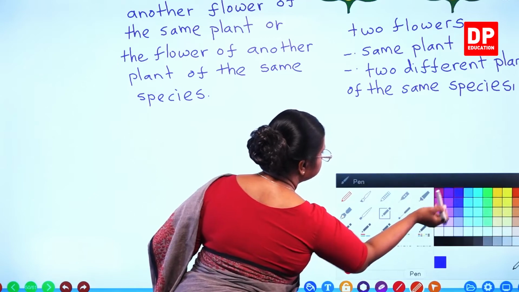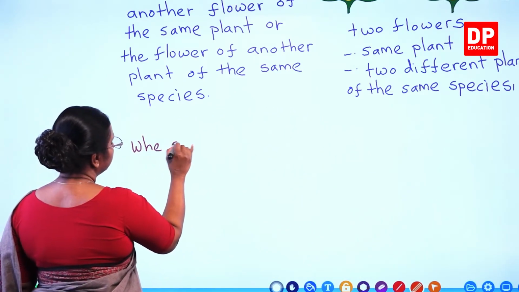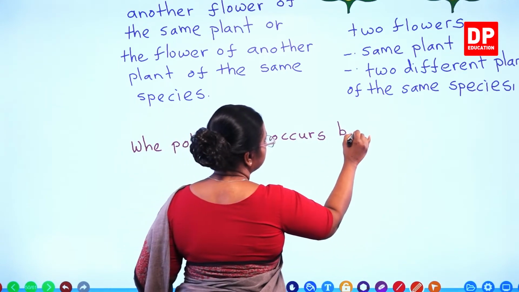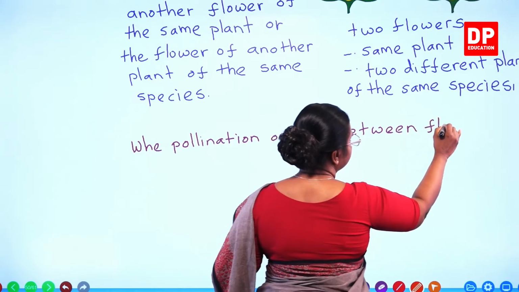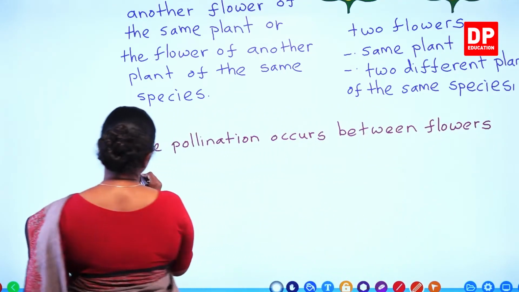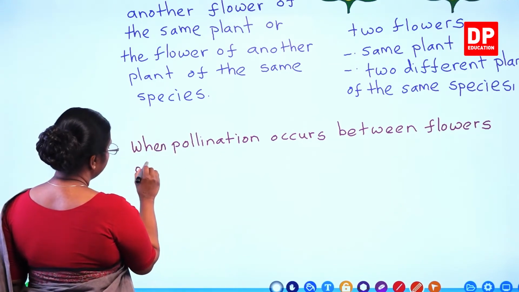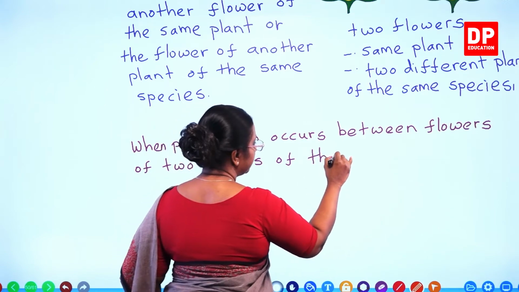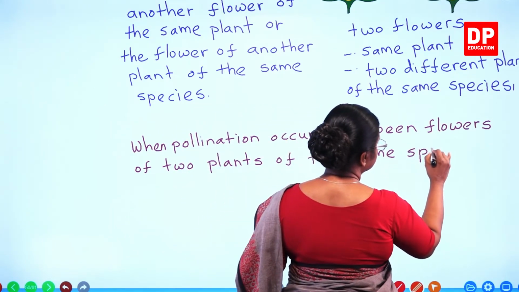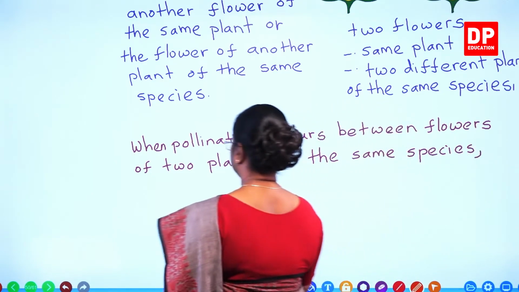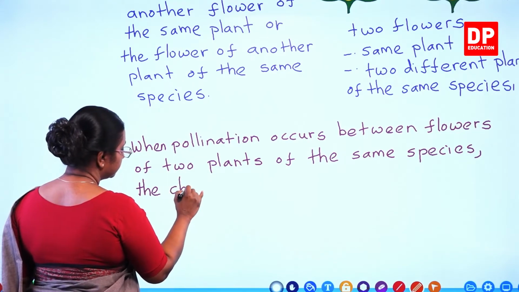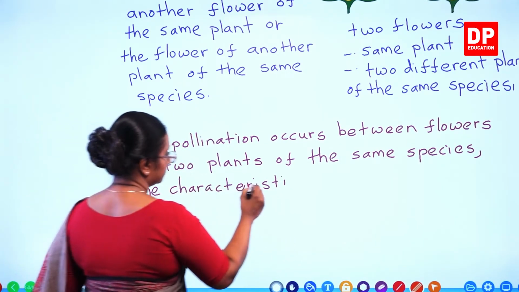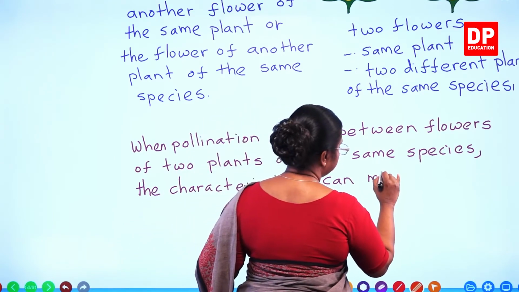So here we can say, when pollination occurs between flowers of two plants of the same species, the characteristics can mix together.